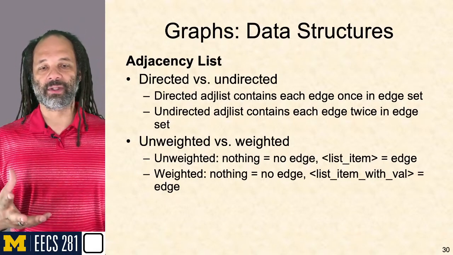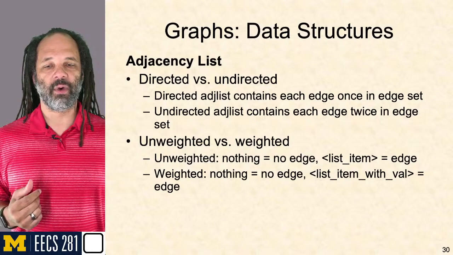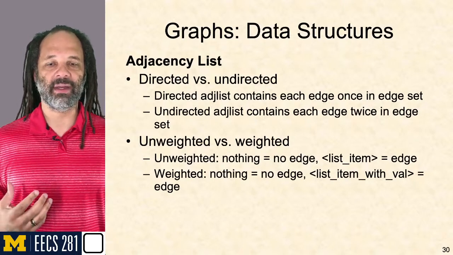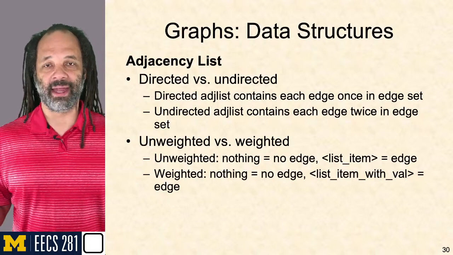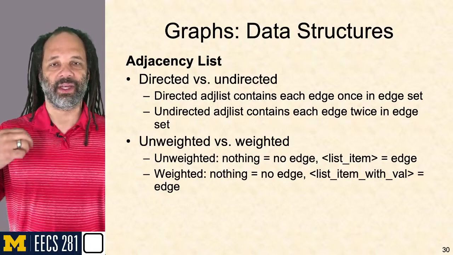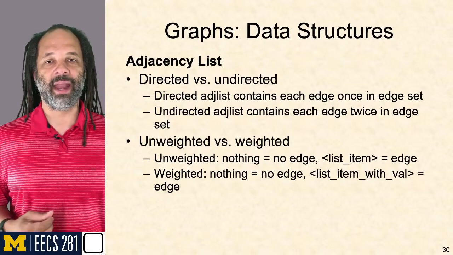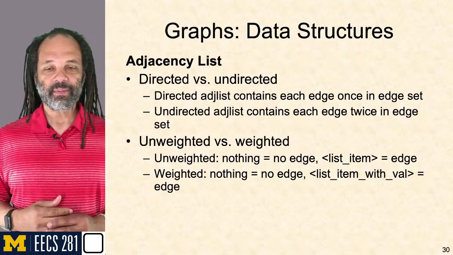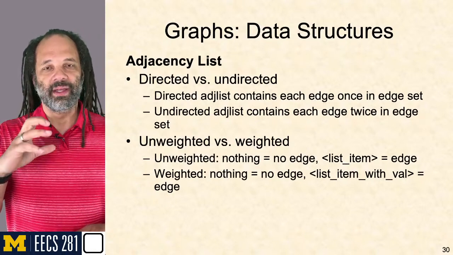When I'm talking weighted versus unweighted, this one is pretty straightforward as well. When I've got no edge, there's no connectivity, that's great. I don't have to do anything. By default, adjacency lists represent no connectivity really well because you don't put anything there, it's not connected. So if there's no edge, it's not connected.